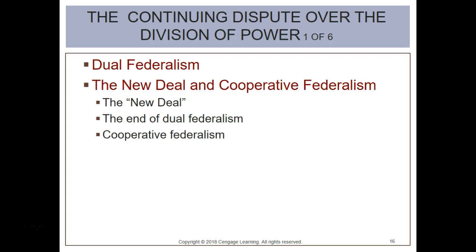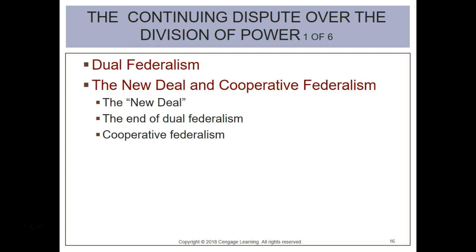So, dual federalism. Back to the idea of shared government between the national and the state governments, which requires each group to coexist. Fast forward a little bit, that was the popular model up until the 1930s. We had the New Deal when FDR signed a bunch of programs into law that tried to get the economy going again.